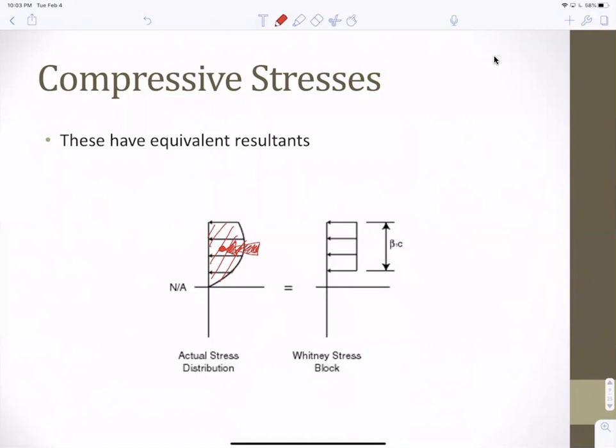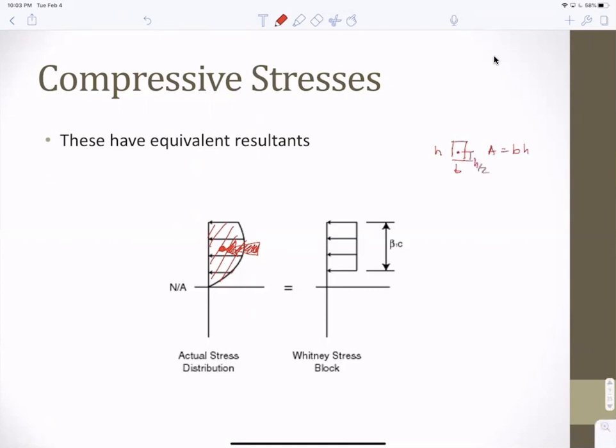However, this is called the Whitney stress block. Everybody knows the area of a rectangle, right? If that's the base, that's the height, the area is just base times height. And the centroid of a rectangle is just halfway up, h over 2.